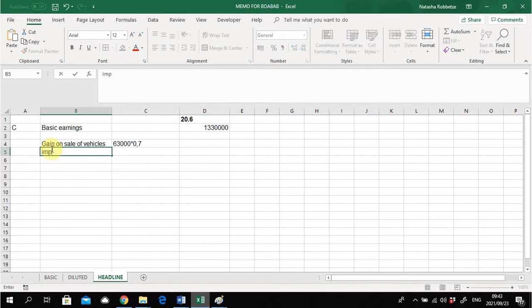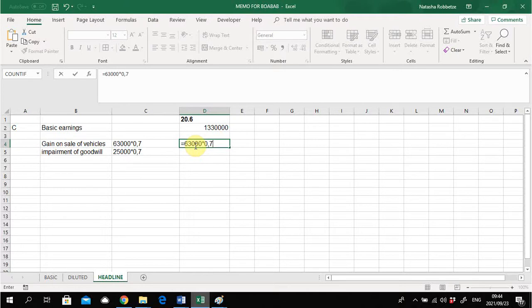Then there's an impairment loss. And that was a total of 25,000. So it's going to be 25,000 at 70%. Then we have the loss on equipment, which should be included, but it doesn't apply to 2006.